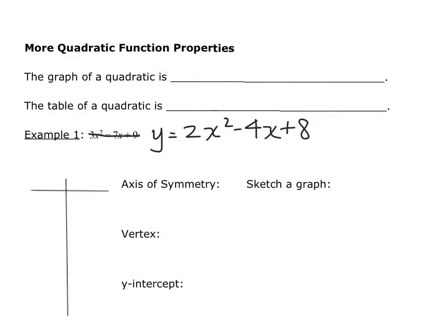All right. So yesterday we talked about how a quadratic had a line of symmetry, right? So I'm going to say the graph of a quadratic is symmetric. We have not yet looked at the table of a quadratic, but that's what we're going to do today.